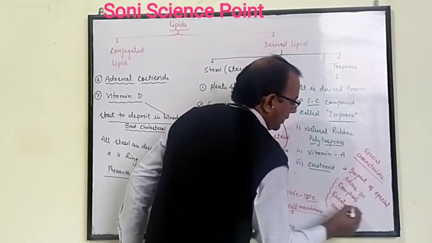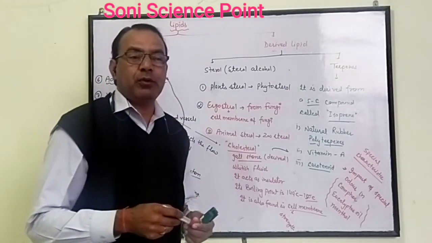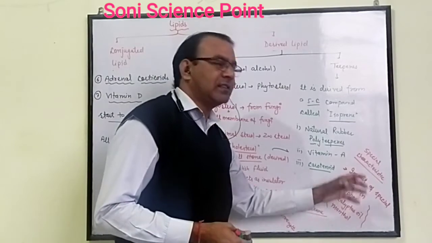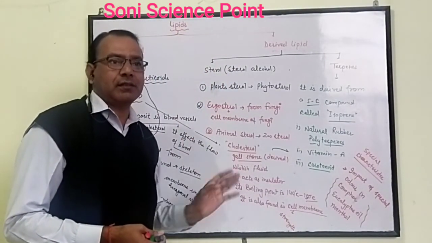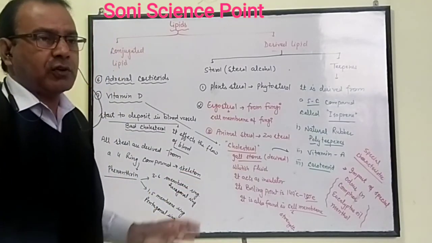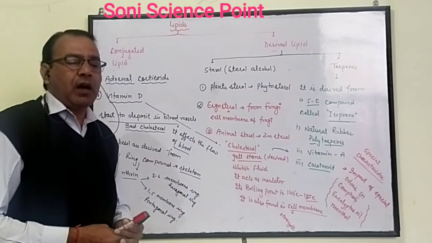Due to the presence of terpenes, camphor, eucalyptus oil and menthol produce different, special smells. This is the main characteristic of terpenes. We have now discussed all three types of lipid: simple lipids, conjugated lipids and terpenes. In the next part we will discuss amino acids.